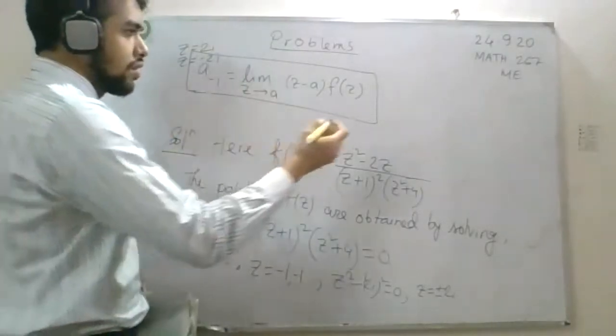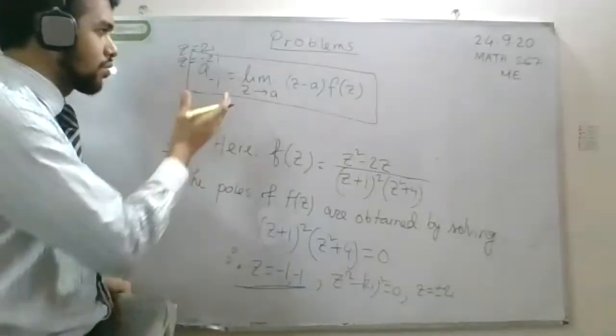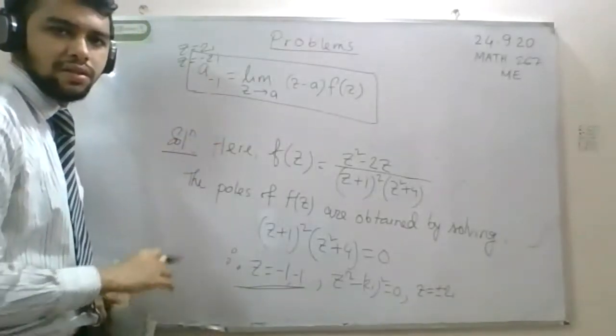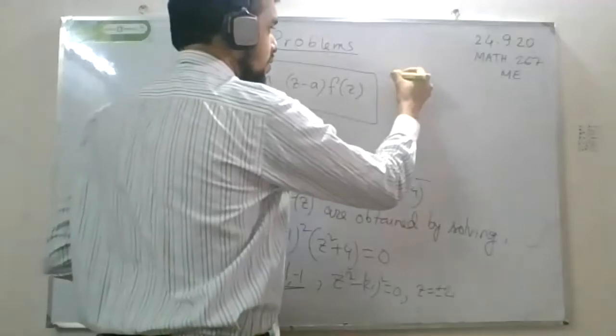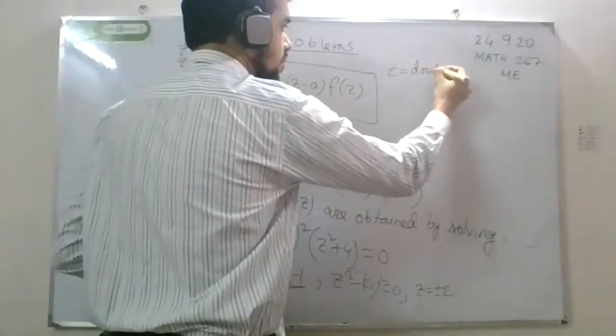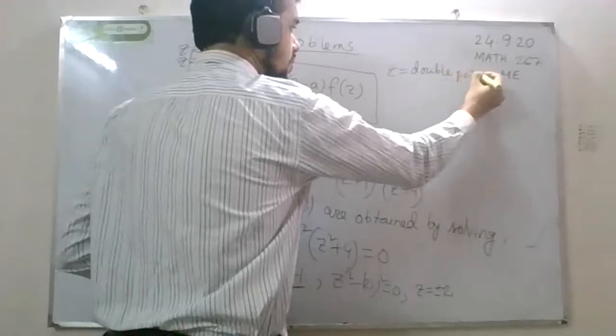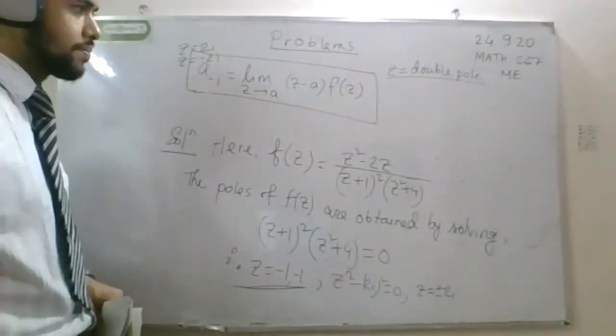And also for a double pole, what will be our formula for the residue? Anyone? For a double pole? Can you say?